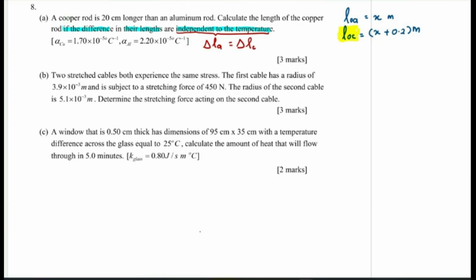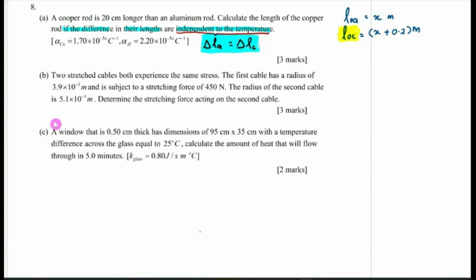Ni ramai juga tak boleh jawab lah student, sebab selalunya soalan ialah pemanjangan atau expansion of the length, it depends on the temperature. But this time, dia kata independent. Independent to the temperature means that for these two materials, delta L for the aluminium is equal to delta L for copper. So this is the condition yang student kena faham lah.